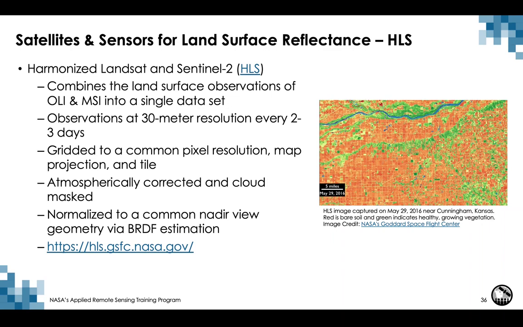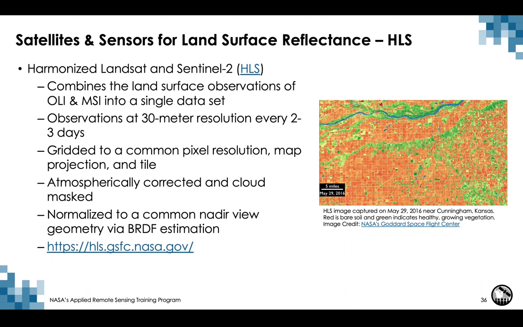The ultimate goal is to obtain seamless 2 to 3 day surface reflectance coverage at 30 meters that removes residual differences between the sensors due to spectral bandpass and view geometry. The 30-meter resolution with 2 to 3 day revisit time using both products is critical for timely agricultural monitoring at the field scale.